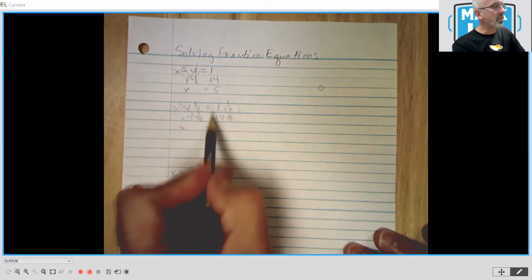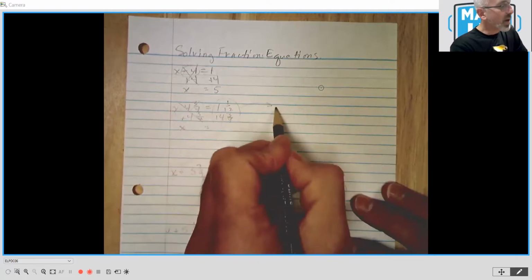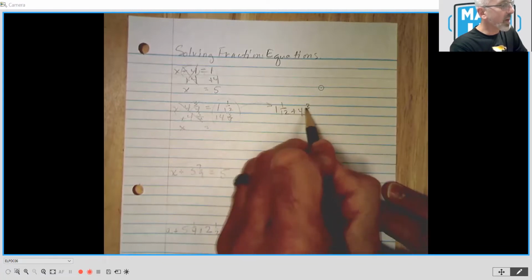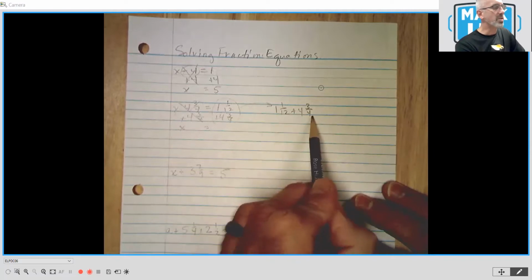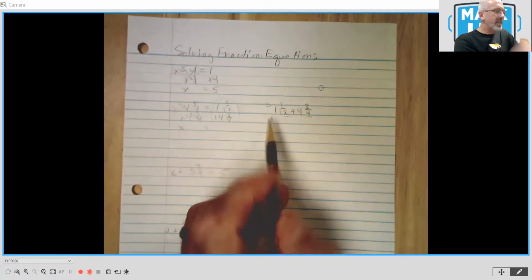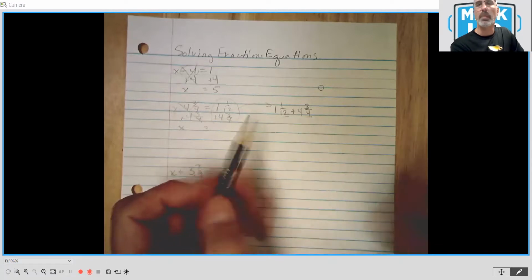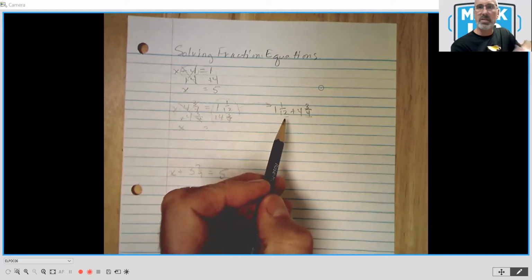Now we have to do this. And what I like to do is rewrite this off to the side. So I have 1 and 1/12 plus 4 3/4. Okay. First thing you should notice is we do not have like denominators. So we have to get like denominators. And eventually you're just going to be able to see what this is supposed to be.